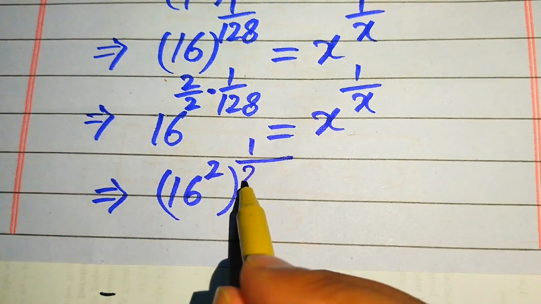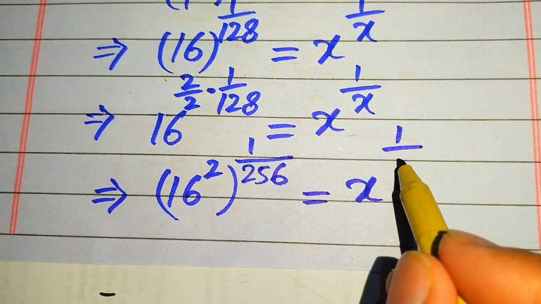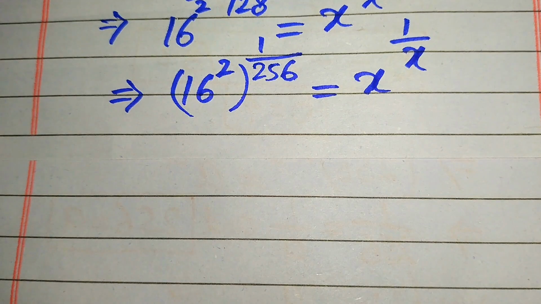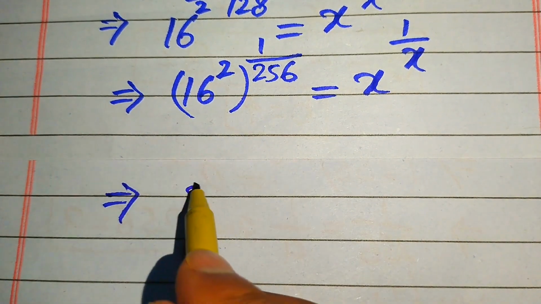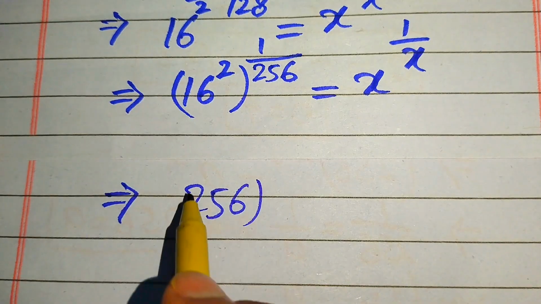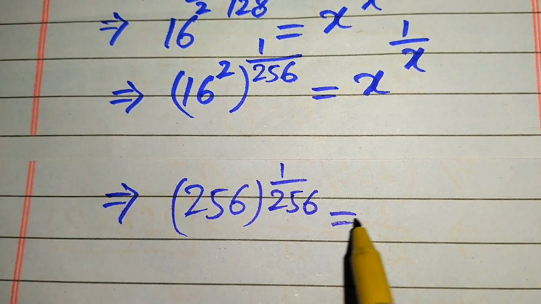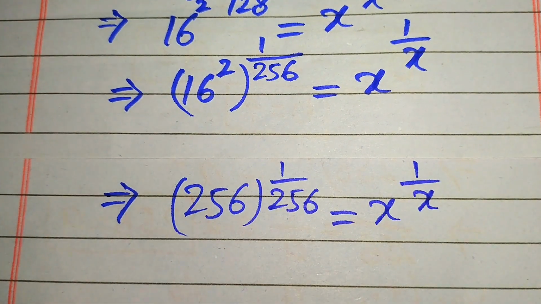So we get 1 over 256 is equal to x to the power of 1 over x. So here you again see that 16 squared is equal to 256 and its whole exponent is 1 over 256 is equal to x to the power of 1 over x.